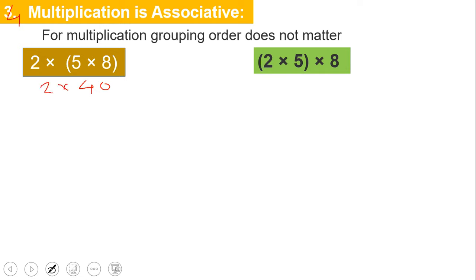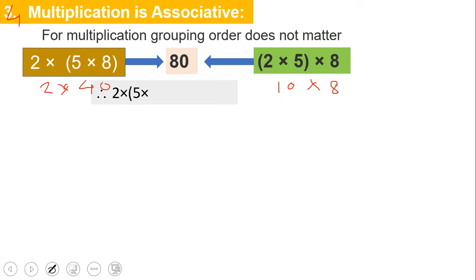So 2 into 40 is 80. 2 into 5? 10. 10 into 8? 80. Is that clear? And so the answer is 80. So we can write 80 and this is also 80. Therefore, 2 into (5 into 8) is equal to (2 into 5) into 8. That is the associative property. The grouping order does not change the result.